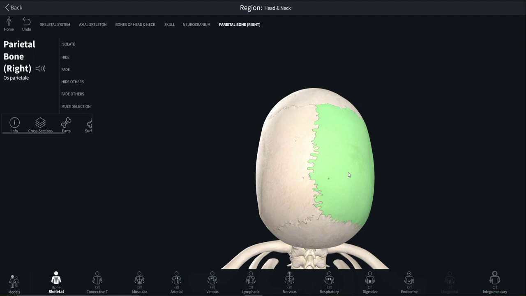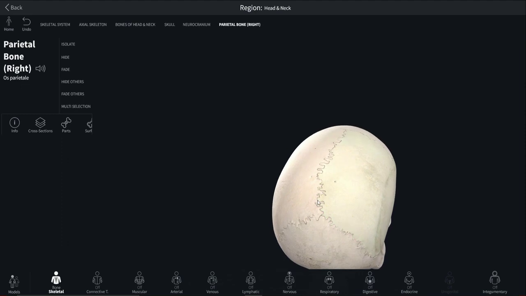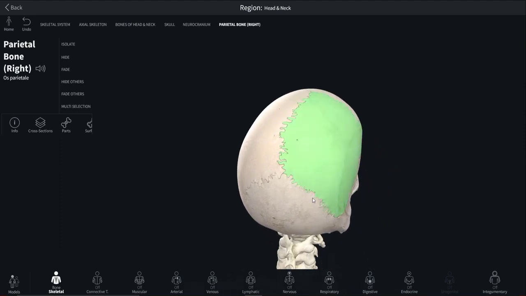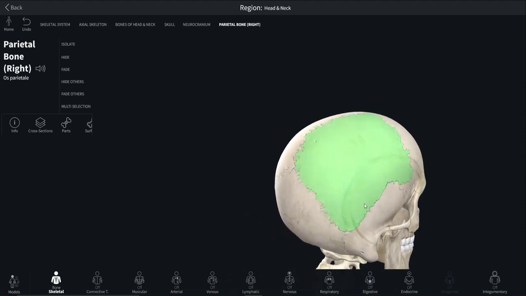Side determination is obviously important, but for determining the sides of the parietal bones, we first need to understand a little bit about the anatomy. This is how the parietal bone is placed.